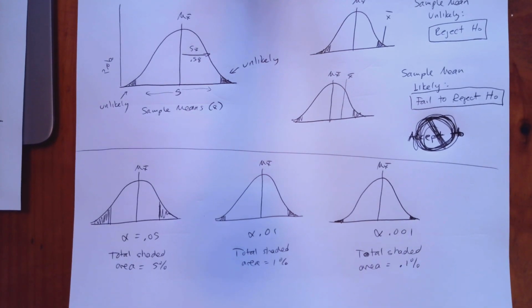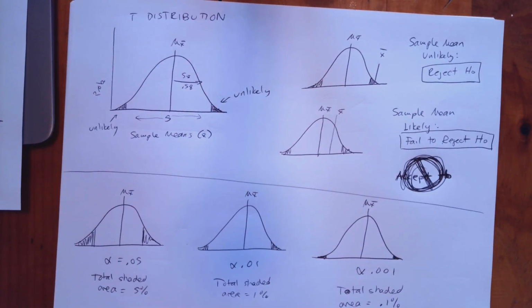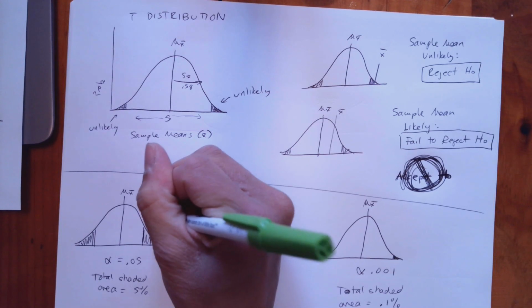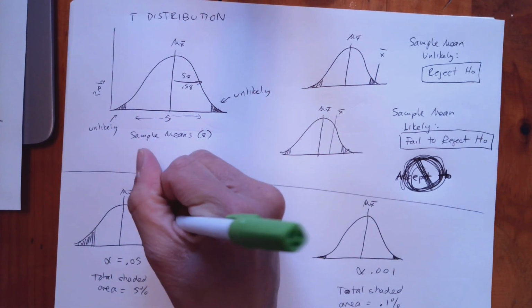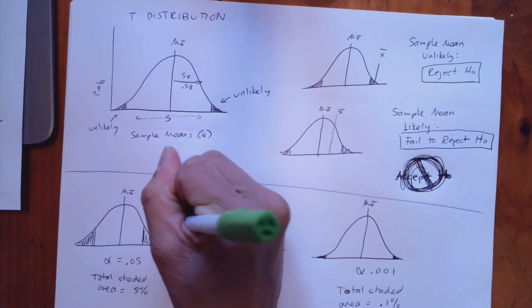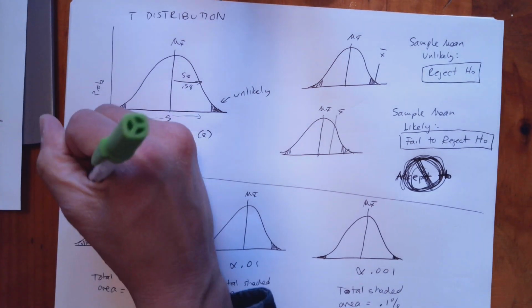And again, what we're looking for is whether or not our sample statistic falls within the shaded area. If our sample statistic falls in the shaded area, again, based on how far out it is from the mean, which is what our t-statistic tells us, if it falls in that shaded area, we reject H0. And if it doesn't, we fail to reject H0.